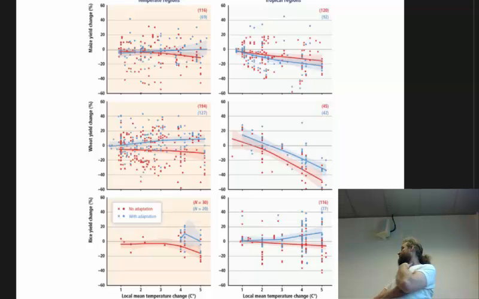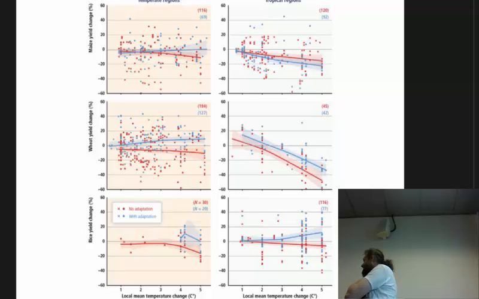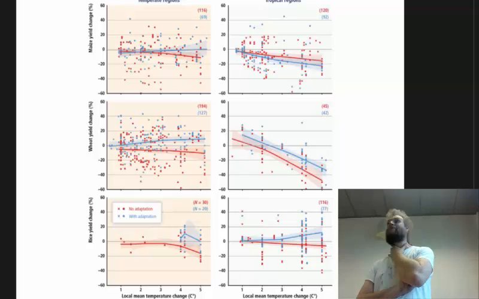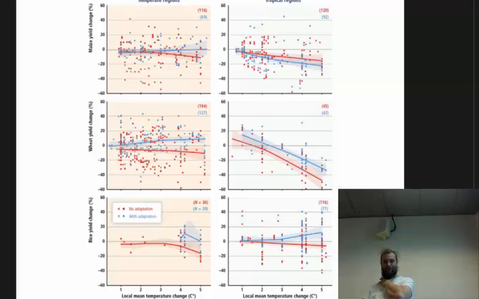And then at the left, you're looking at what's happening in temperate regions where we are. At the right, you're looking at what would go on in tropical regions. And then the horizontal axis are scenarios of climate change. The vertical axis are changes in crop yields. The dots are primary estimates.